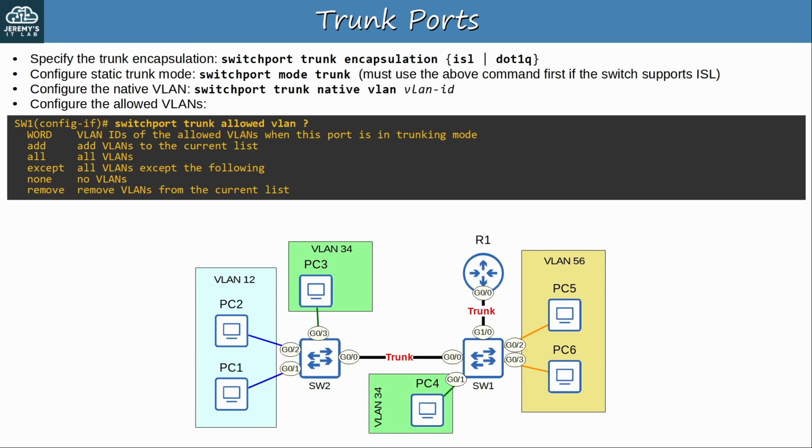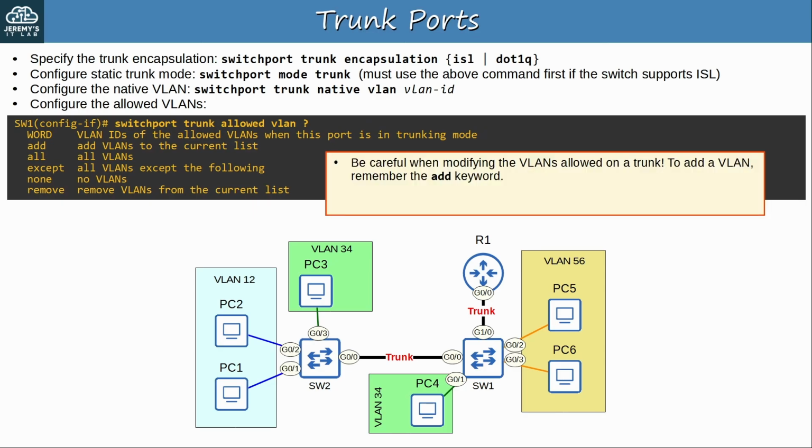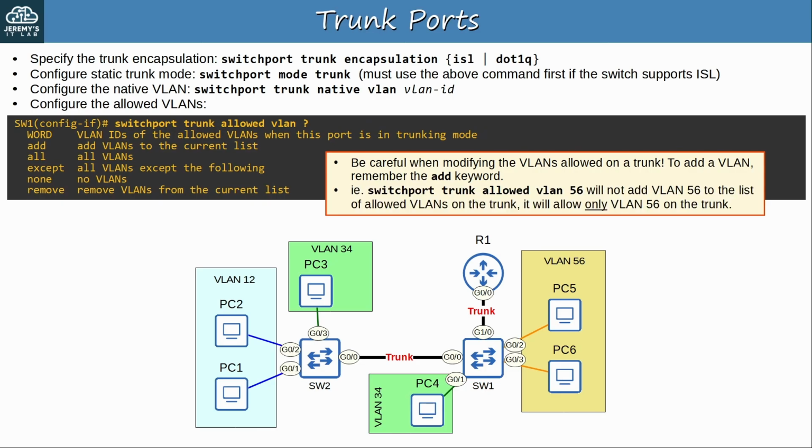We'll review these in the lab video, but I will say you should be careful when modifying the VLANs allowed on a trunk. To add a VLAN, remember the add keyword. For example, switchport trunk allowed vlan 56 will not add VLAN 56 to the list of allowed VLANs on the trunk. It will allow only VLAN 56 on the trunk. So be careful with this command.